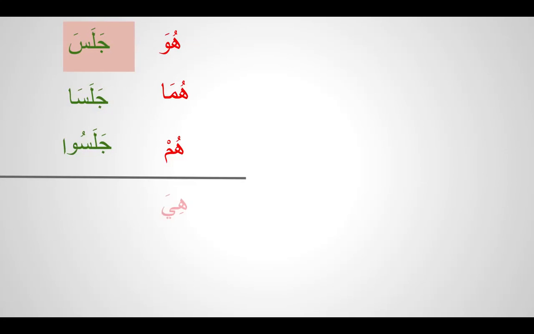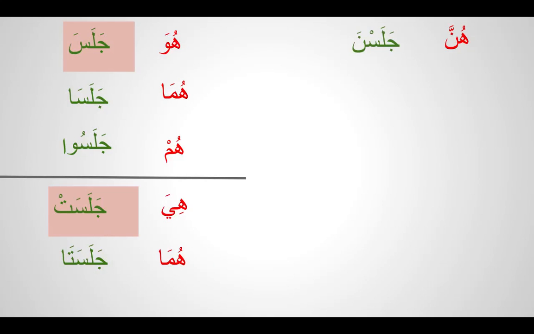Let's do some examples, inshallah. You see, jalasa, huwa jalasa, huma jalasa, hum jalasu, hiya jalasat, huma jalasata, hunna. Now comes hunna, the queen, and it demands the change, and the change is it becomes jalasna, and from down it becomes easy.